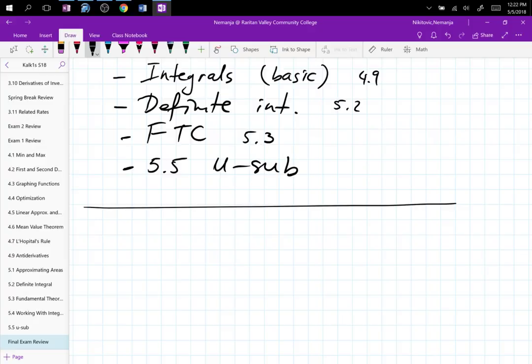No, just say it. Well, it's a mean value theorem, and the function is f of x equals 3 sine 2x, interval 0 to pi over 4. Perfect.